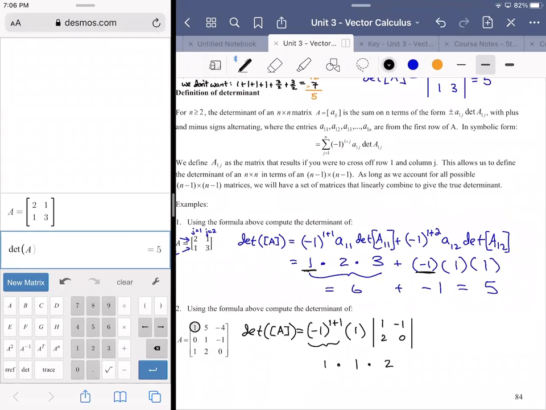The second computation, plus, we now know it's just going to be a -1, because again, we know they're going to alternate in signs. My second entry is the number 5. We're eliminating row 1, column 2, row 1 and column 2, I should say. So 0, so I get the 5 in there.